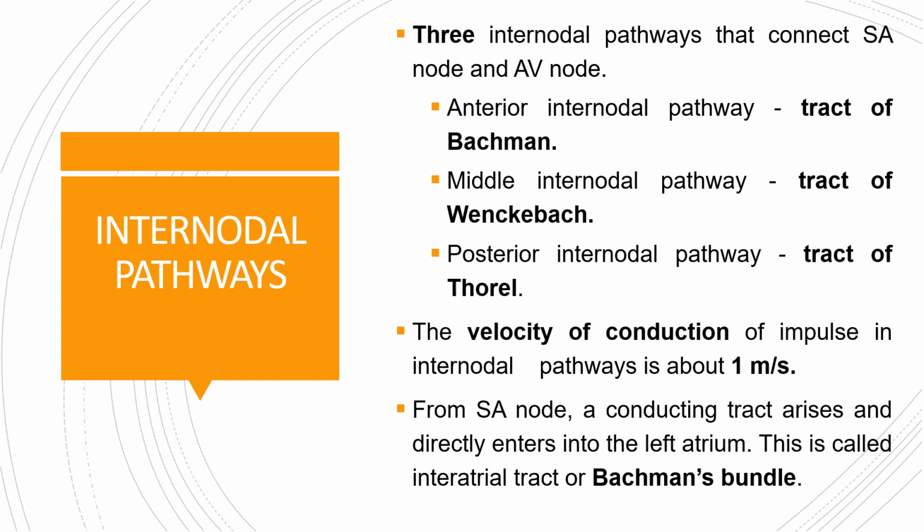The posterior internodal pathway is also known as tract of Thorel. The velocity of conduction of impulse in the internodal pathway is about 1 meter per second. From SA node, a conducting tract arises and directly enters the left atrium. This is called interatrial tract or Bachmann's bundle. Okay.